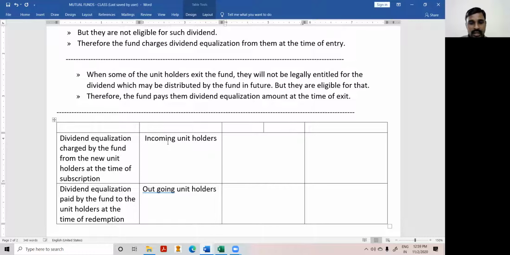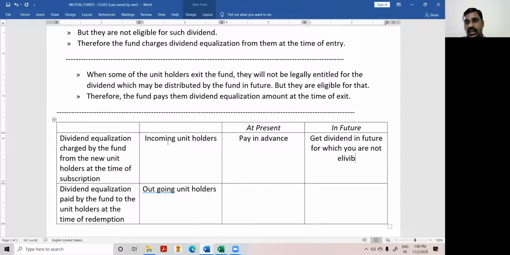Next, at present and in future. At present, pay in advance, to pay in advance for which you are not eligible. Now, get dividend in future for which you are not eligible.